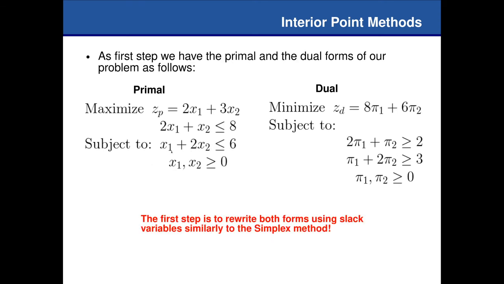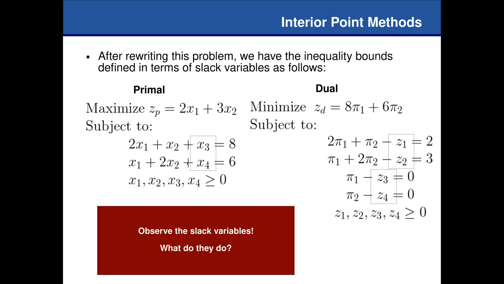What happens if this constraint is smaller than 6? I need to sum up another slack variable x4 to make it equal to 6. That's what's happening here, plus x4.